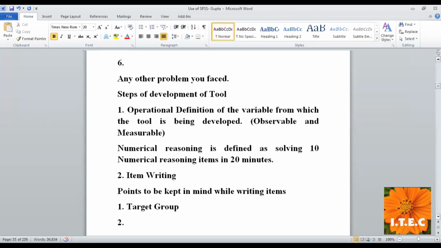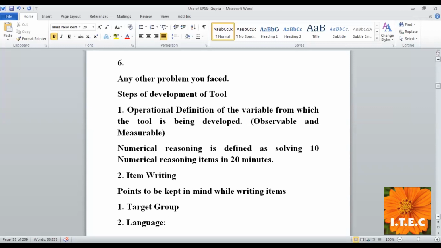Now, once you have decided, then number two, the point to be kept in mind is that you have to see the language. You have to decide whether you want to write items in Hindi or in English or Malayalam or Marathi or Gujarati, the choice is yours. It depends upon your target group. If your target group knows English or Malayalam, then you have to decide whether you want to develop it in English or Malayalam, or you want to write both.